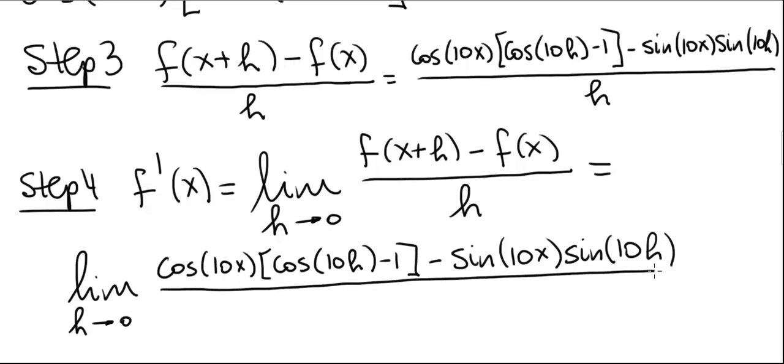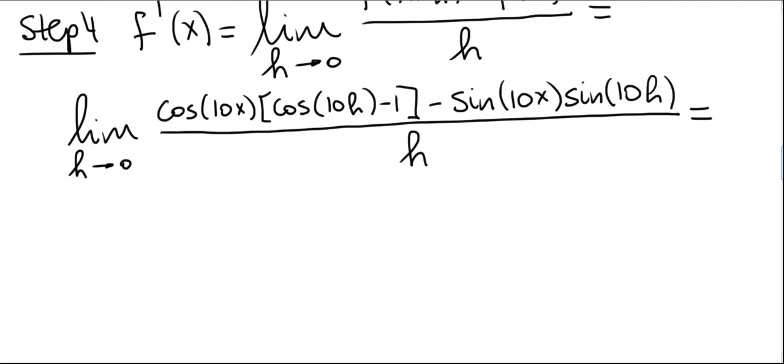We're going to break this down into the difference of two limits. So the first limit, note that it is h that is going to 0. So we're going to take cosine of 10x and move it outside before the limit, since it's not affected by what h does.